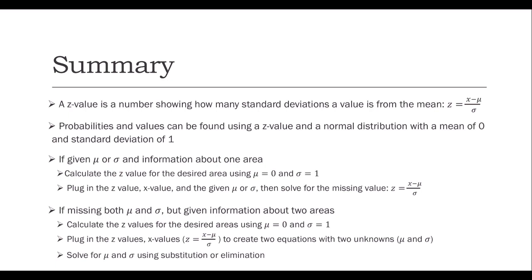But if you're missing both the mean and the standard deviation, but you're given information about 2 areas, you can calculate the z-values and plug in your z-values and x-values to create 2 equations with 2 unknowns, and then solve for mu and sigma using substitution or elimination.